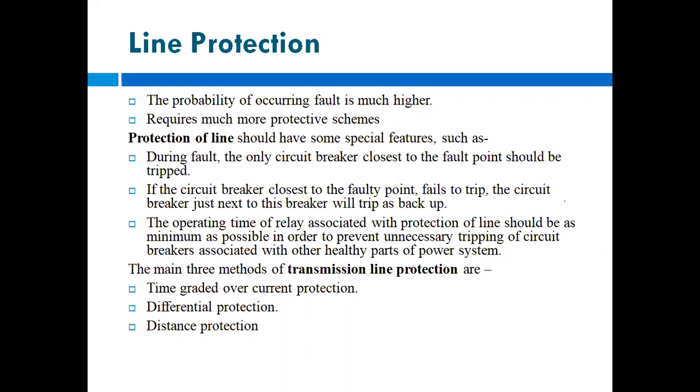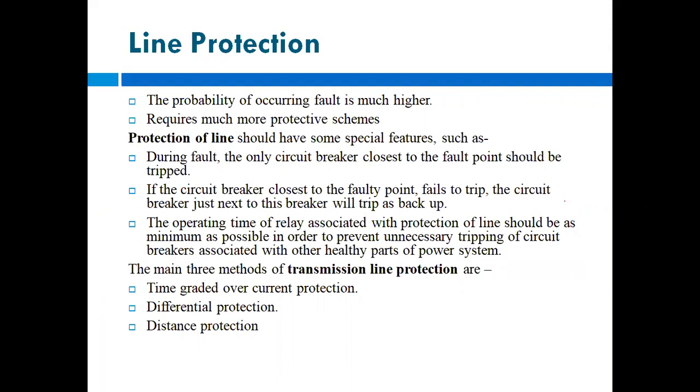Actually, when we are considering the protection of transmission lines, we cannot use a single relay or a single circuit breaker for the protection of the whole transmission line, right? So we are making sections. We have seen the zones of protection. So we are making different zones in which we place our relays and circuit breakers.